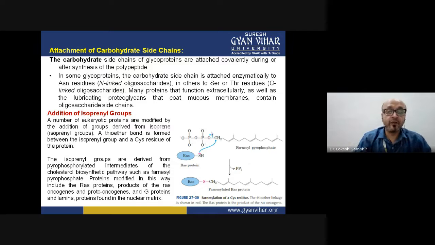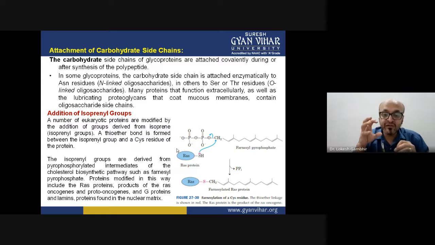Then the addition of an isoprenyl group, like in the case of farnesyl pyrophosphate, the expression of the RAS protein, which is a product of the RAS oncogene, a proto-oncogene, and many other proteins like G proteins or lamin proteins. What is happening?